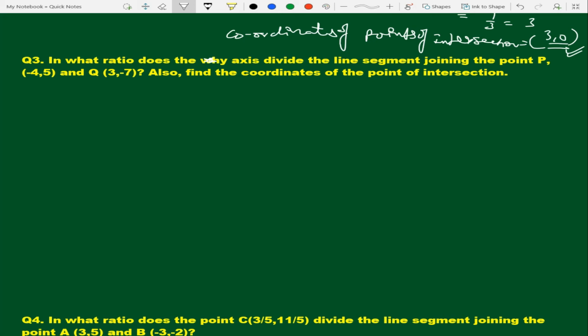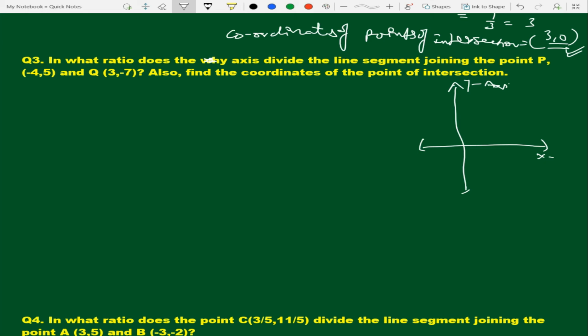Suppose this is the x-axis and this is the y-axis.